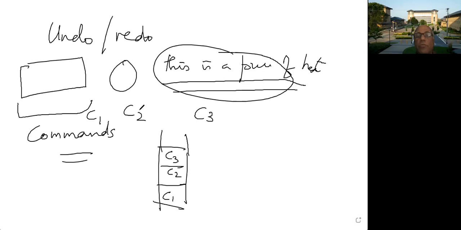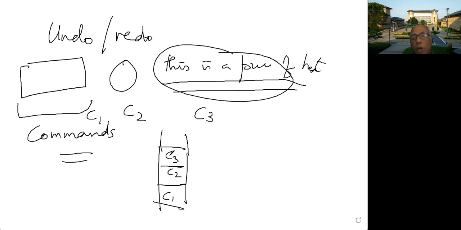Then we have a circle drawn, and we put a command object for drawing the circle. Then we put a command object for the label. This is the last thing the user did. At this time, the user says, oh no, maybe this label shouldn't have been there. So the user presses the undo button.